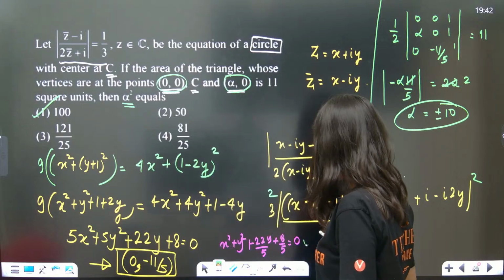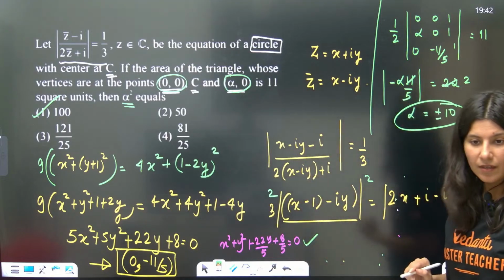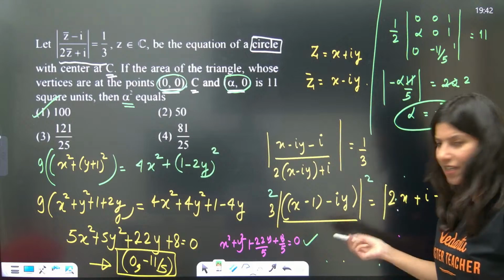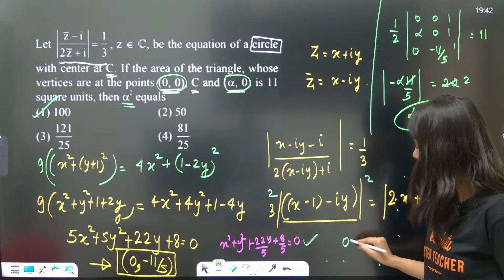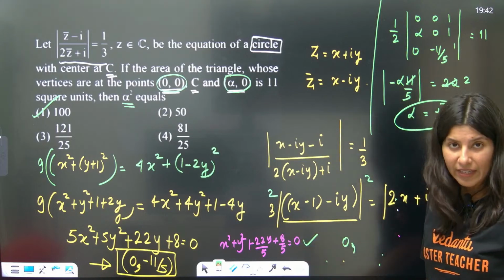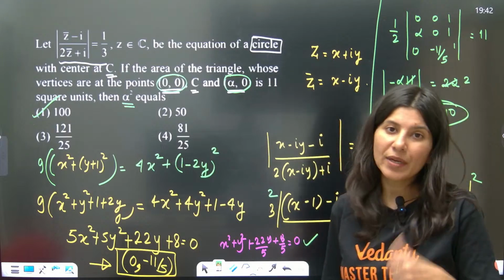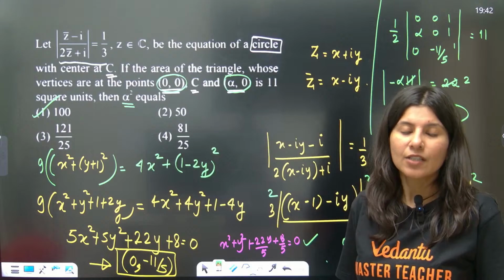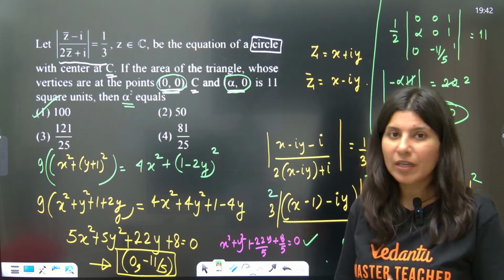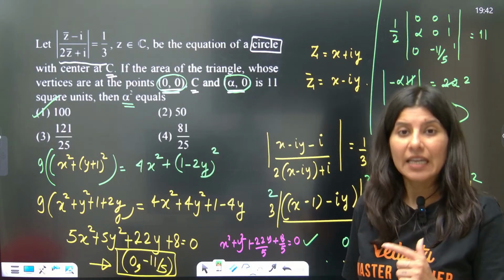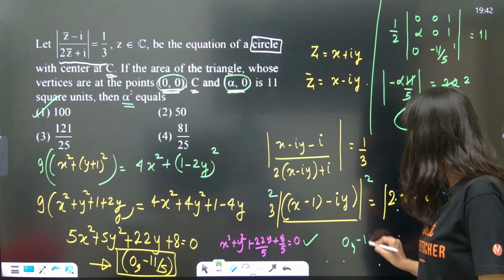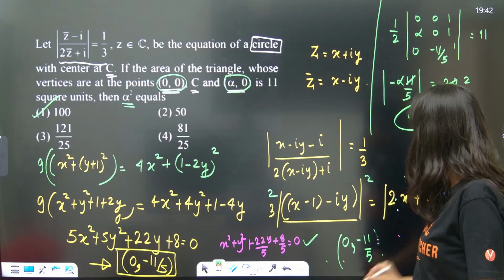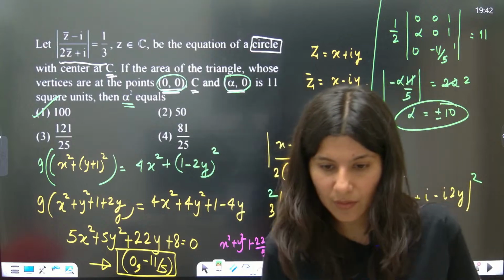Now there is no coefficient of x, so x will be 0. Coefficient of y is 22 by 5. Divide by 2 and reverse the sign. So 22 by 5 divided by 2 is 11 by 5. The negative sign will make it minus 11 by 5. This is how you have to find the center.